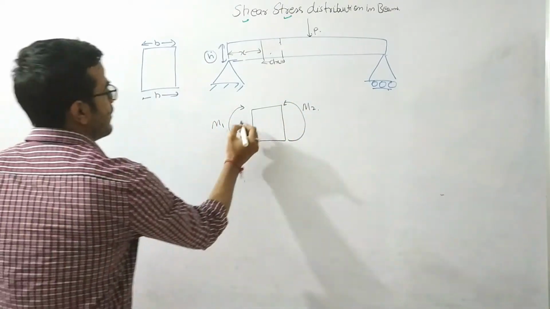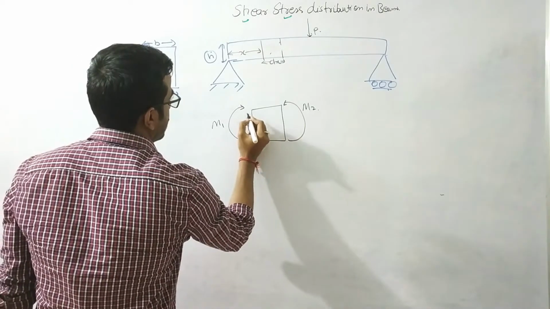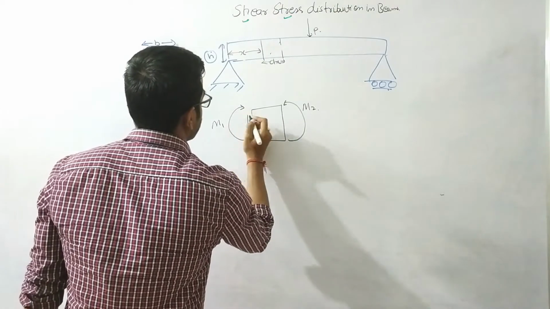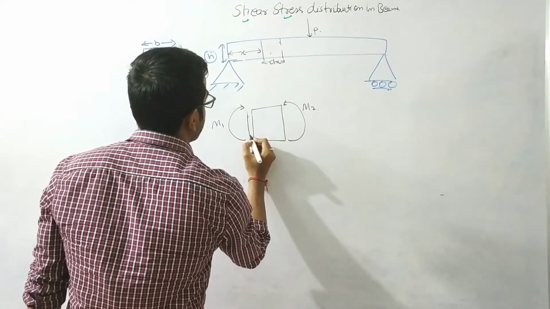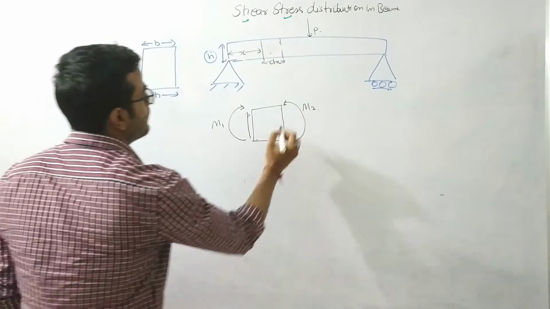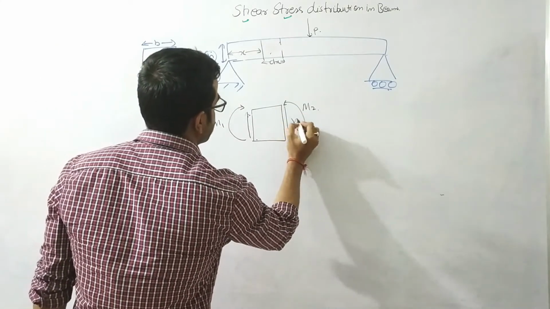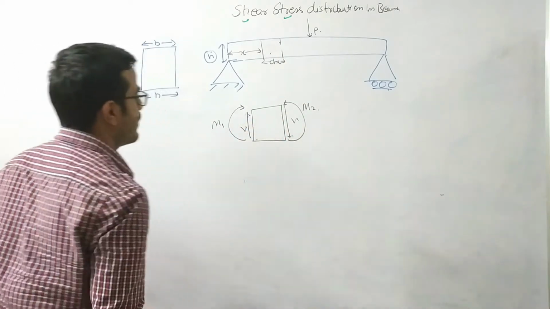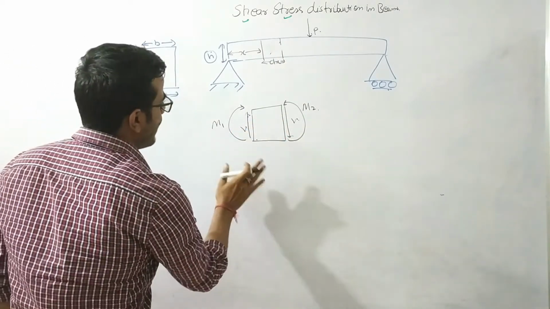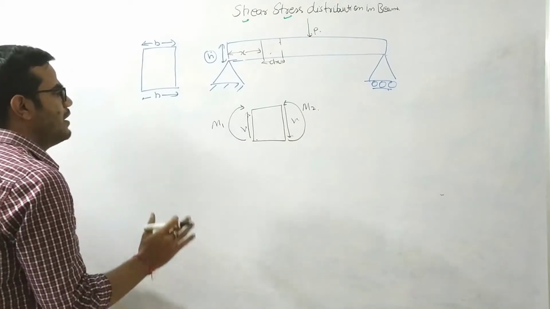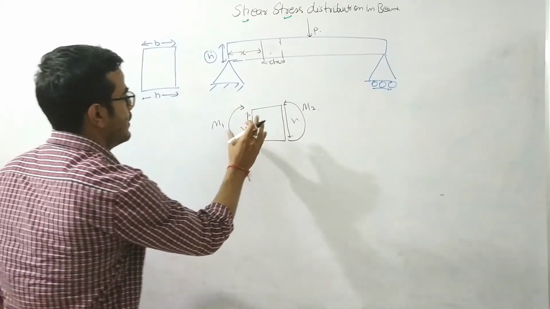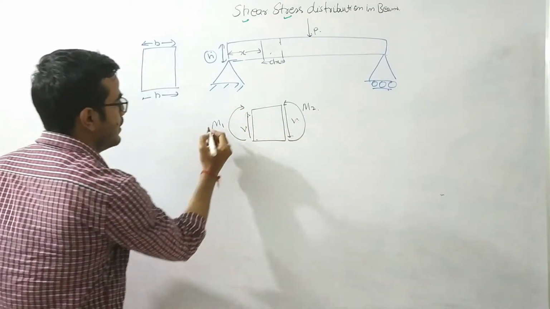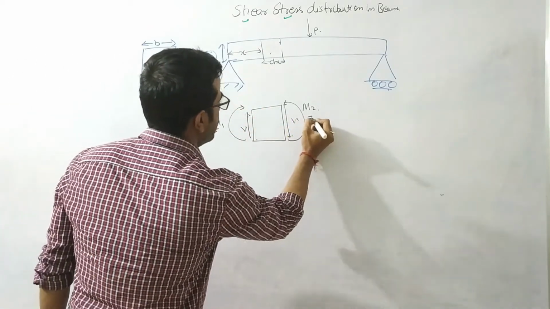The shear force here is vertical, and this portion has a downward shear force of the same magnitude, because there is no load between them, so the shear force will be the same. Now, first I will check the element subjected to different moments: here the moment is M1, here M2.